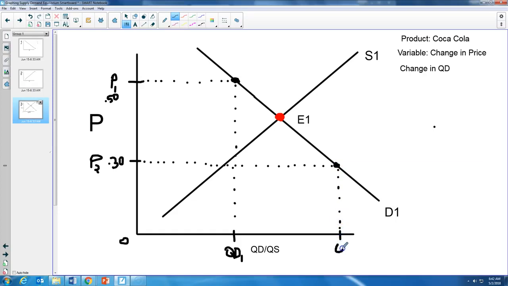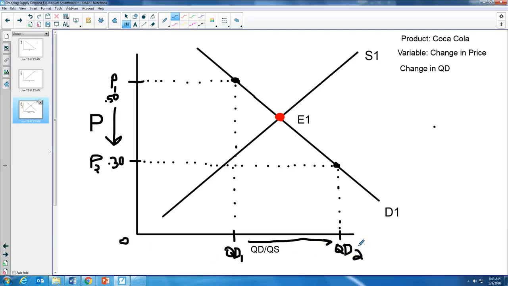Call this QD2 because we don't know how many Coca-Colas were being demanded at the new price. And again, we'll test this with the law of demand since we're dealing with demand. When price decreases, quantity demanded will increase, move away from 0, getting higher in quantity.